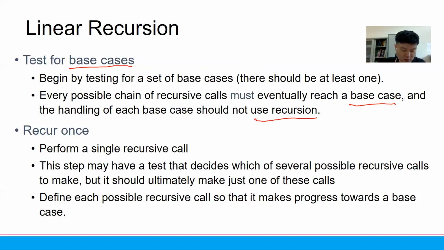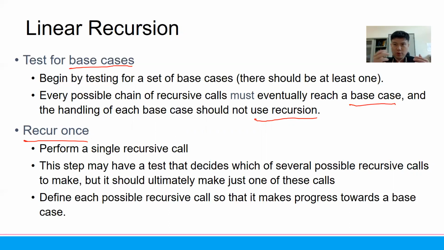And once you have the base case, you need to recur at least once. So you need to perform at least a single recursive call. This step may have a test that decides which of the several possible recursive calls to take, but it should ultimately make just one of these calls. So linear recursion is one where you call just one function.